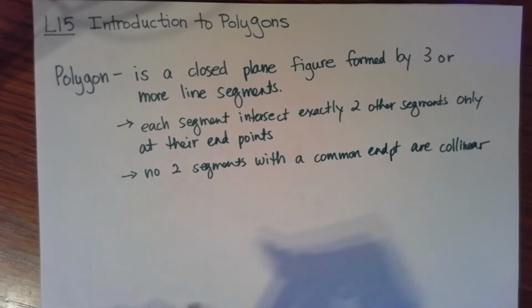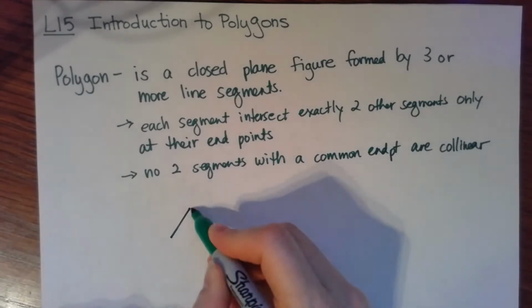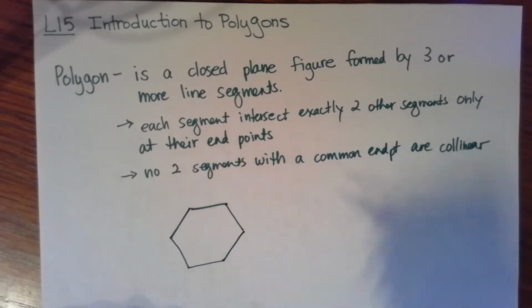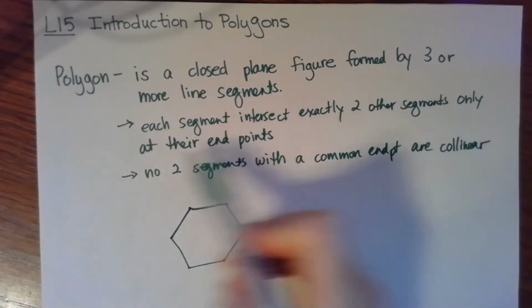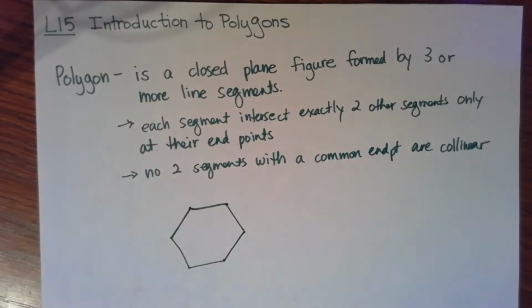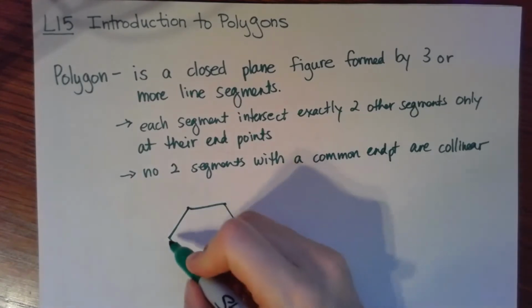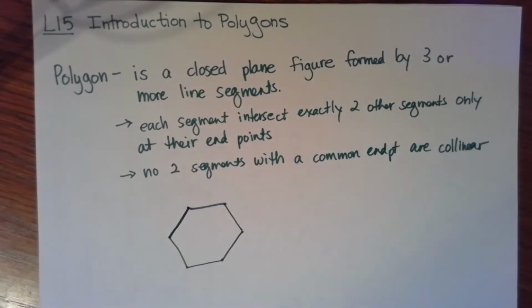So imagine I've got a figure, let's say like this. Notice it's closed. That means each segment intersects exactly 2 other segments only at their endpoints. This will guarantee that it's closed. So if I look at a segment, here's a segment. It intersects exactly 2 other segments.